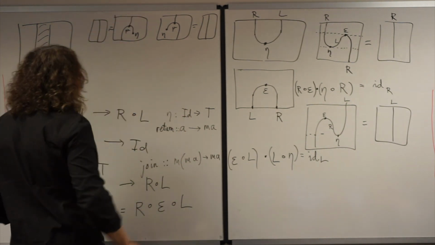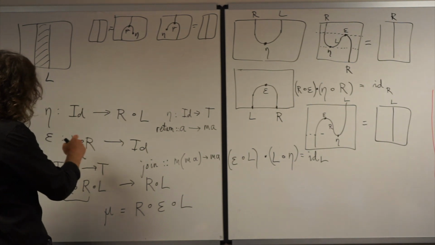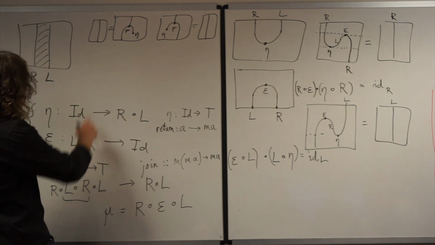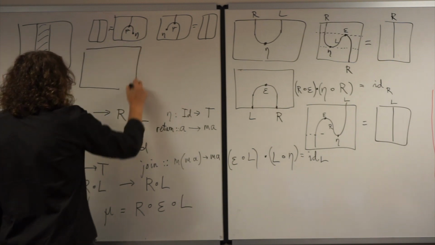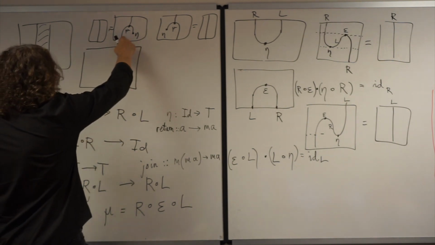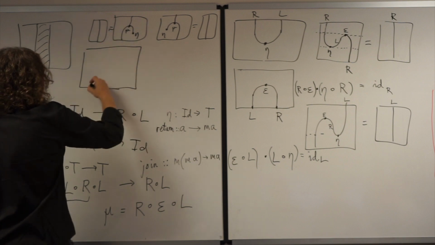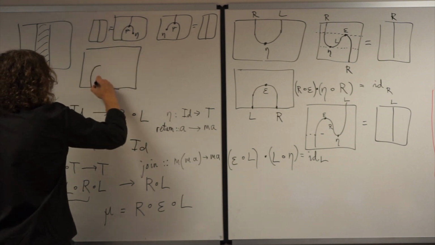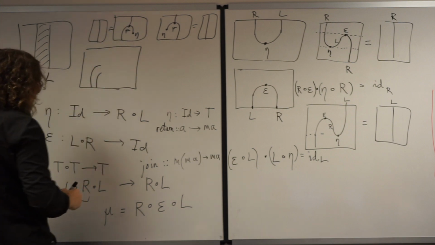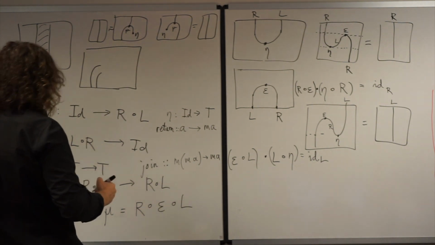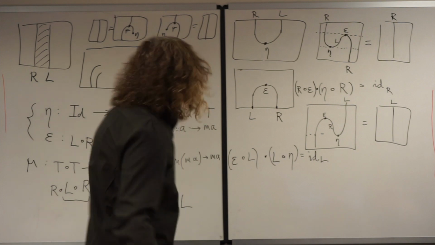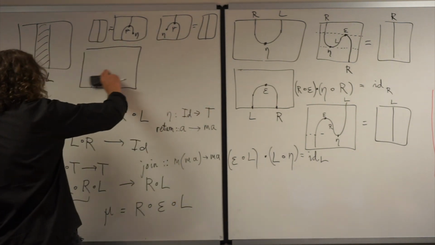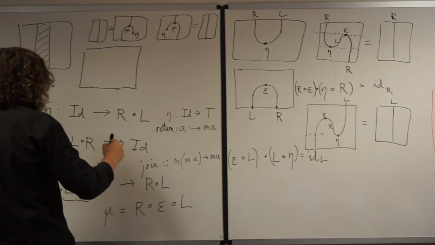So what does this look like for our stripes? If we replace this line with a stripe. Okay, I have to show you what epsilon and mu are. And after a break, I'll show you how to do the diagram.